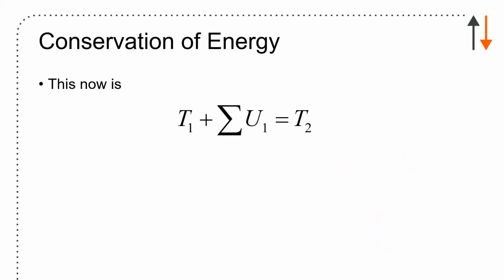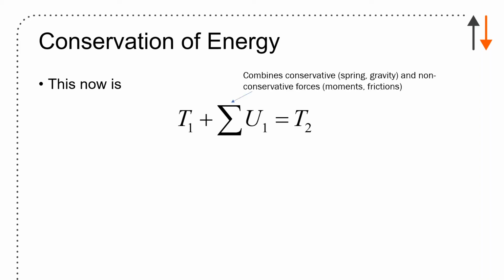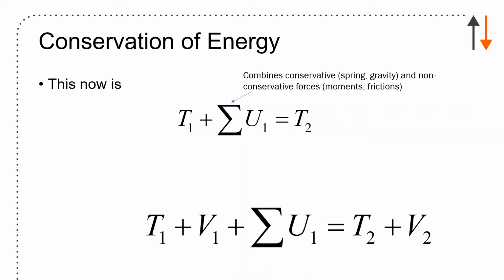In terms of conservation of energy, it's still the same equation: T1 plus work done is equal to T2. But I'm going to combine a number of things here, spring, gravity, conservative forces, with non-conservative forces like moments and friction. So I have T1 plus V1 plus U1 work done equals T2 plus V2.